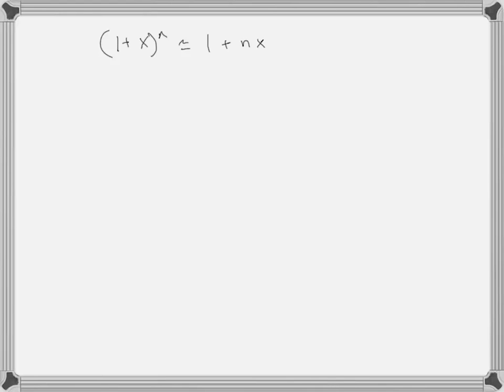Then it's approximately equal to 1 plus nx for x much, much less than 1. And we will rarely, if ever, probably never, care about the second order terms, order x squared and higher, which are truly insignificant.